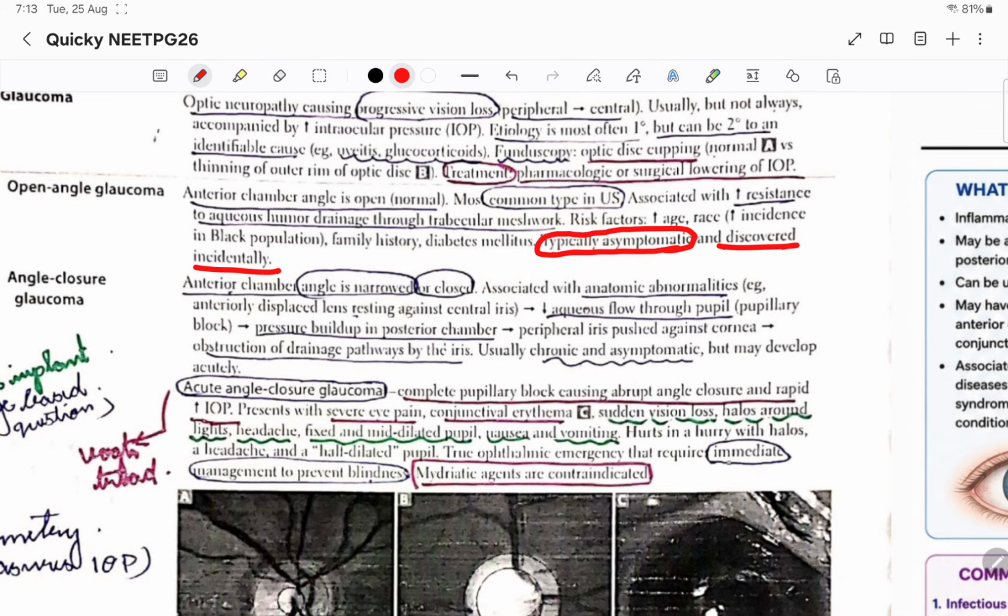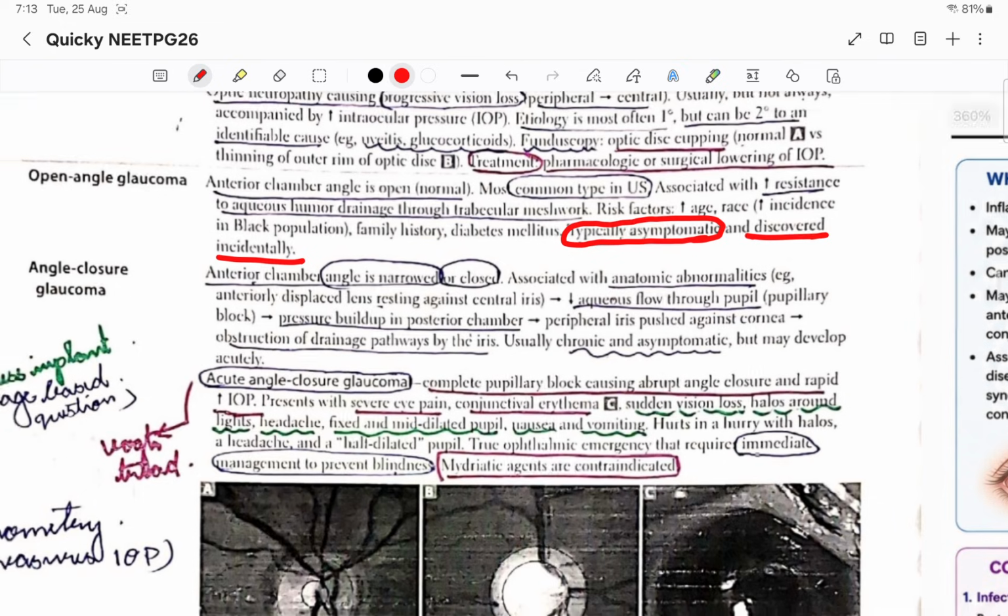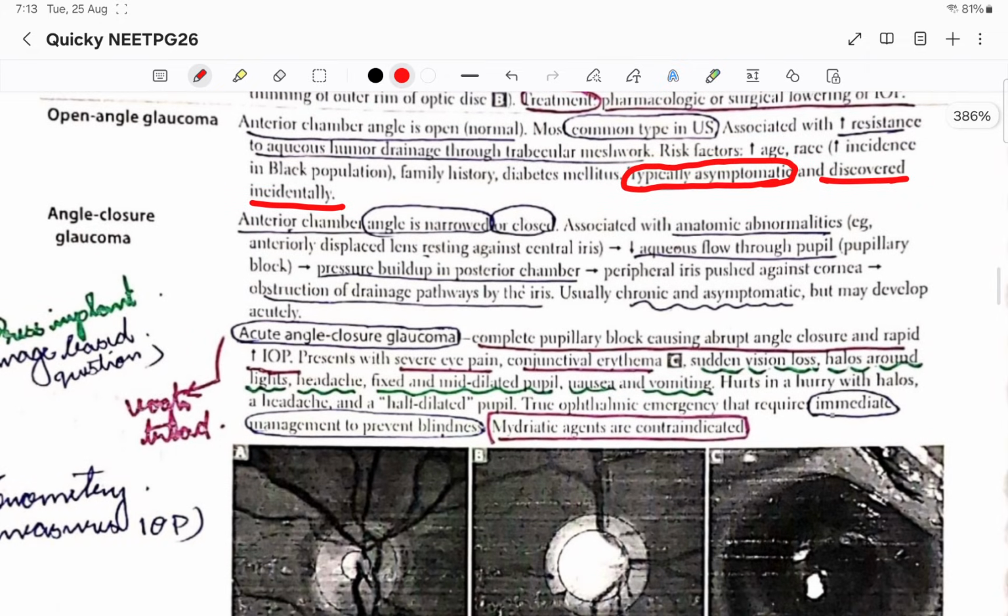If we are testing for some other thing, for example visual acuity, it is diagnosed incidentally.